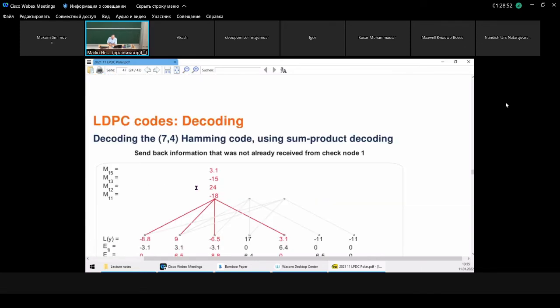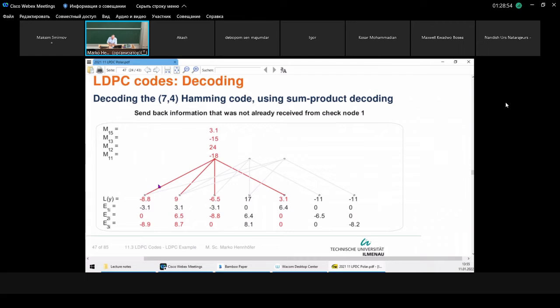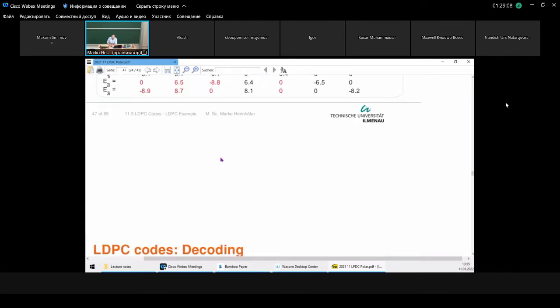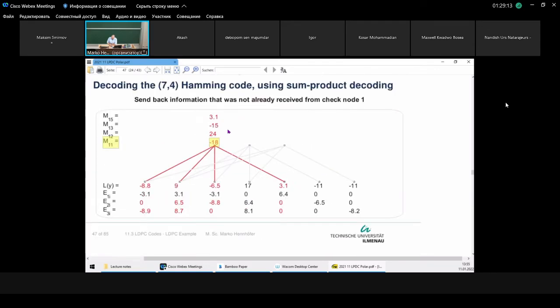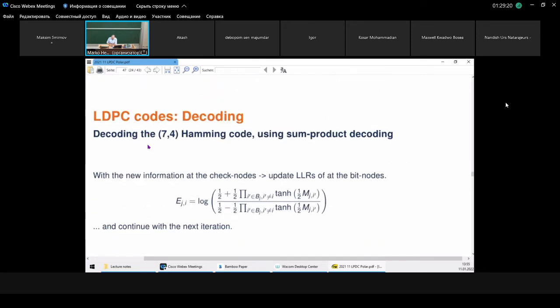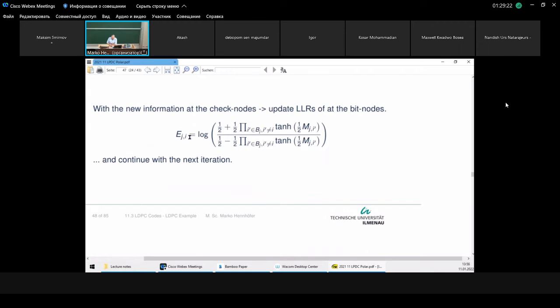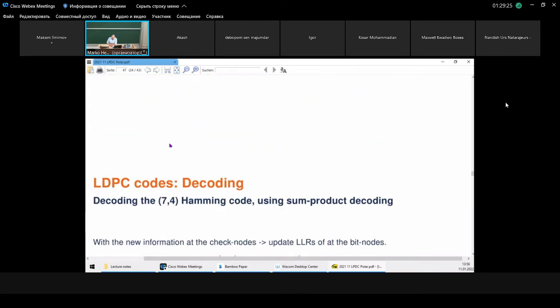So we continue doing this for all bit nodes linked to our check node, getting these log likelihood ratios going up towards the check nodes. Okay, and that's basically already the whole story. Then we would combine these log likelihood ratios M again, as we described here, and calculate the extrinsic information again.